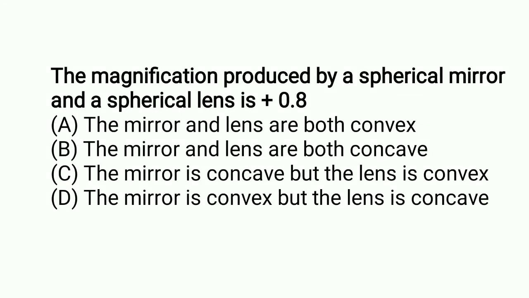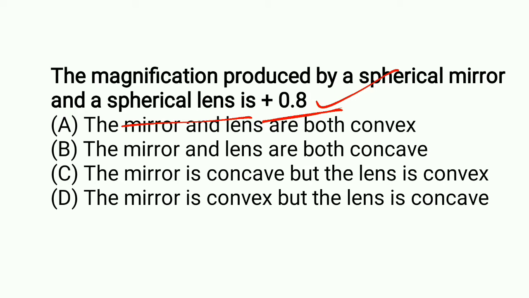Next question. The magnification produced by a spherical mirror and a spherical lens is plus 0.8. The options: A, the mirror and the lens are both convex. Option B, the mirror and the lens are both concave.